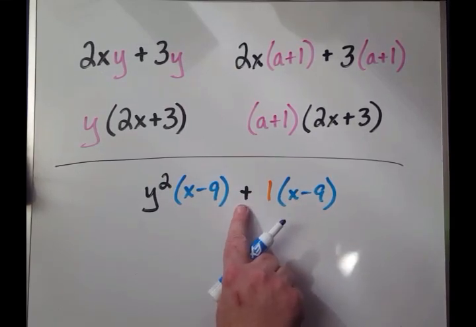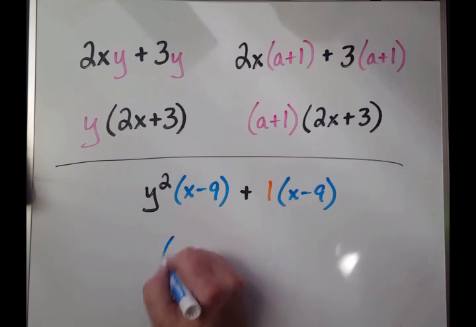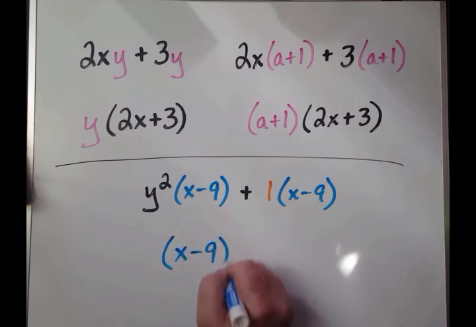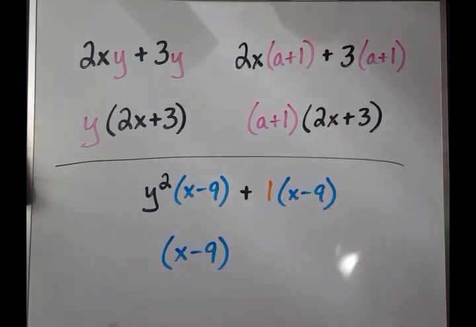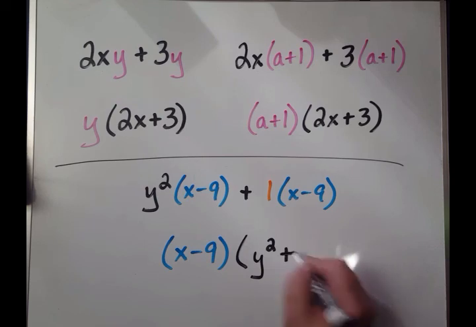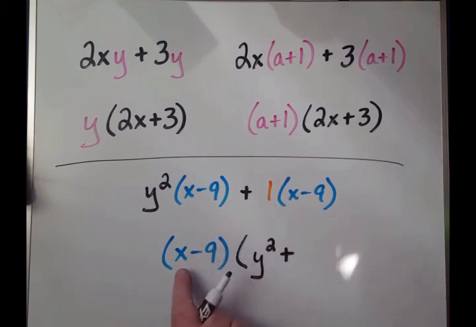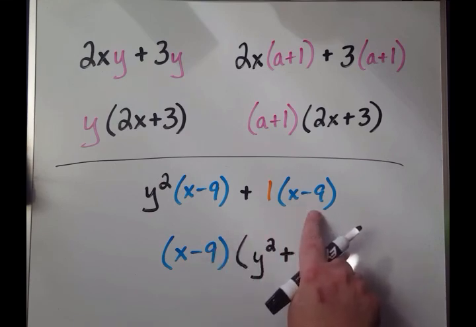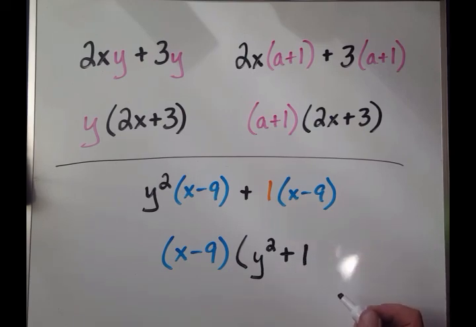We have two terms. They have a common binomial factor of x minus 9. I can factor out that x minus 9, just like factoring out this pink y. And what gets left behind? A y squared plus, and whether you can see this one or not, if you pull x minus 9 out of x minus 9, what's left behind? That residual factor of 1, that multiplicative nothing.